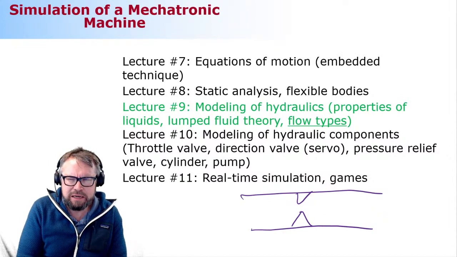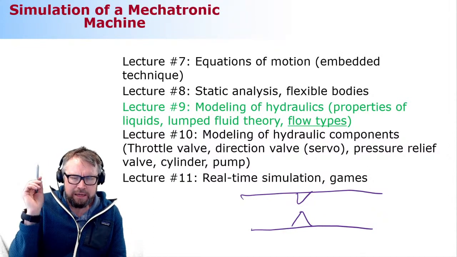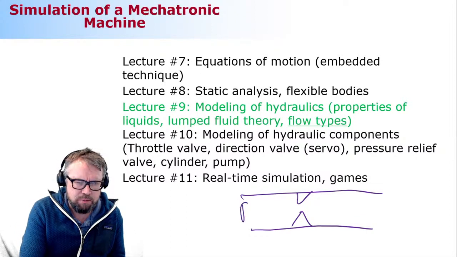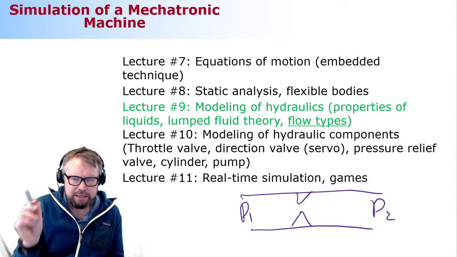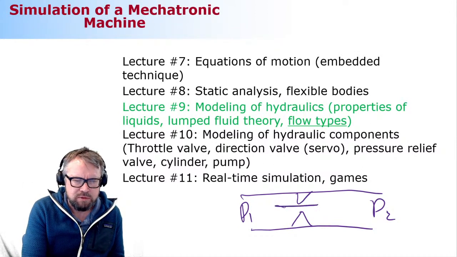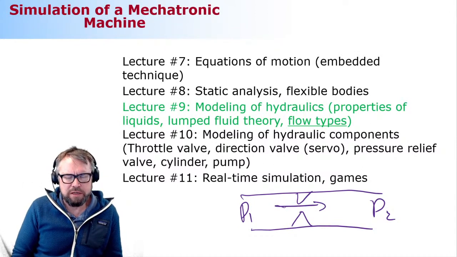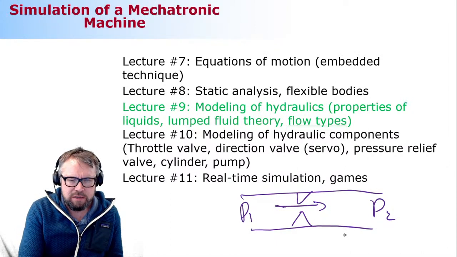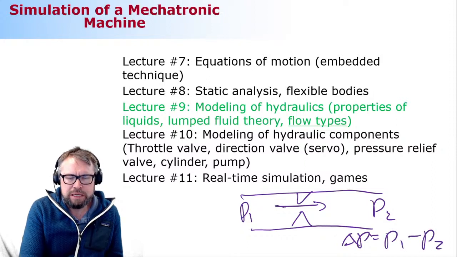This is a little bit like an egg and chicken situation. Anyway, we have a pressure P1 here, and then we have a pressure P2 here. Flow through this throttle can be computed as a function of the pressure difference. And the pressure difference is very simple, it's going to be computed like this: pressure 1 minus pressure 2.